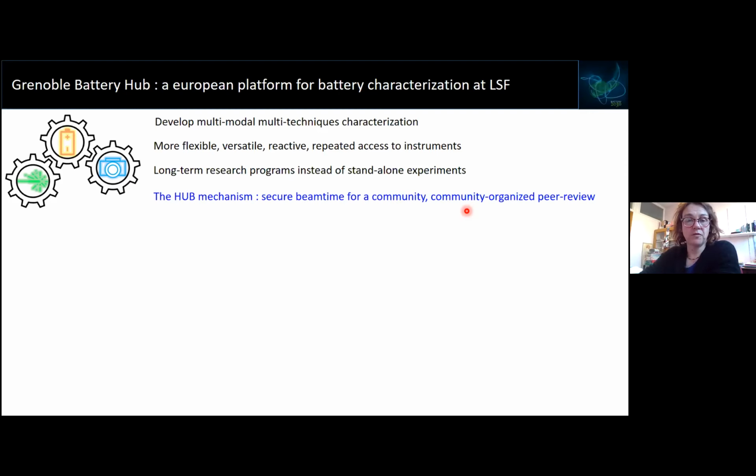And the concept of the hub is that it would secure beam time for the community of battery researchers, and the proposals would be peer-reviewed by the community itself. So it's a big change in habits for both battery scientists and the large-scale facilities.